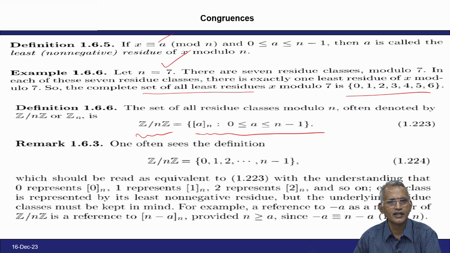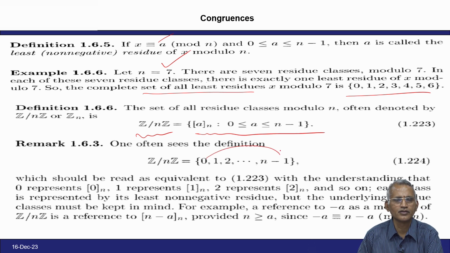So, one often sees the definition of Z/nZ as 0 to n minus 1, because if you start with 0 and go up to n minus 1, then there are n numbers. This should be read as equivalent to the previous idea, with the understanding that 0 represents 0 modulo n, 1 represents 1 modulo n, 2 represents 2 modulo n, and so on.